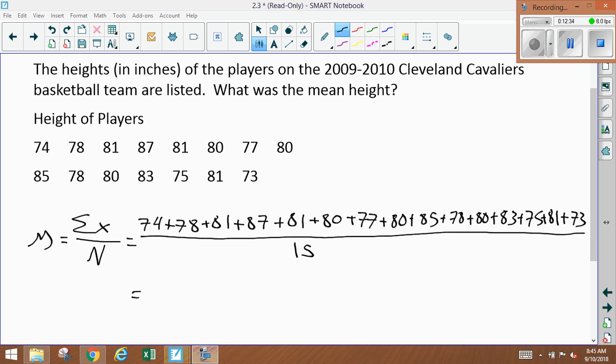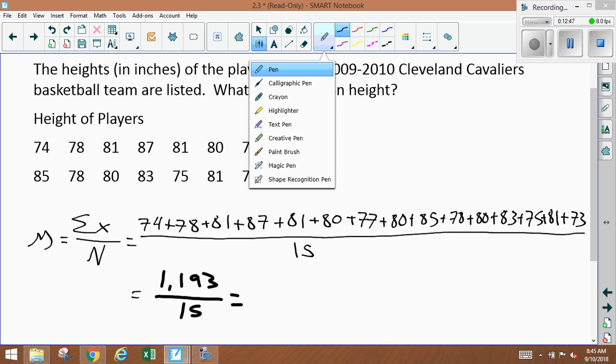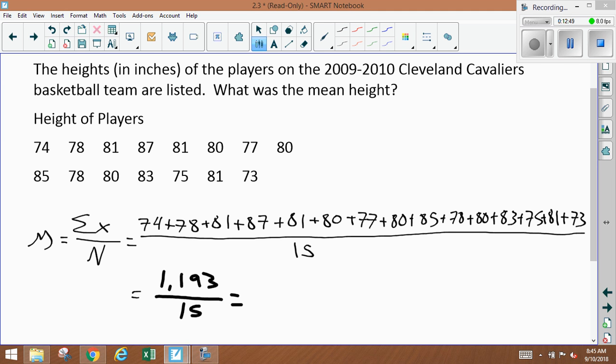All right, so we've got our sum of our x, or sigma x, is 1,193 divided by 15, which turns out to be 79.53? Yeah. Approximately, yeah. That 3 starts repeating, right? So that's quite tall.